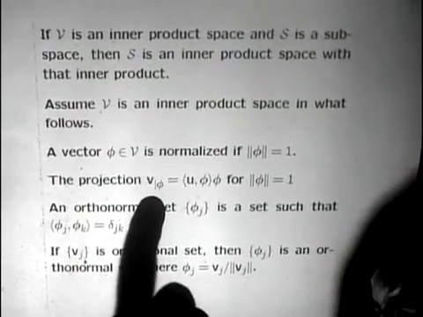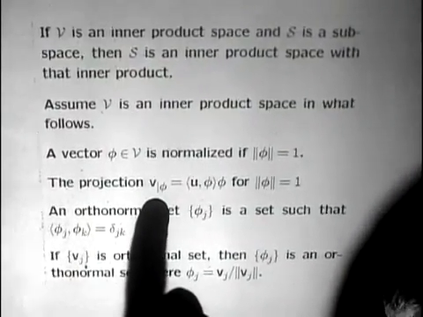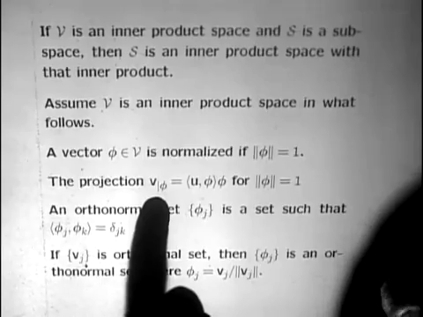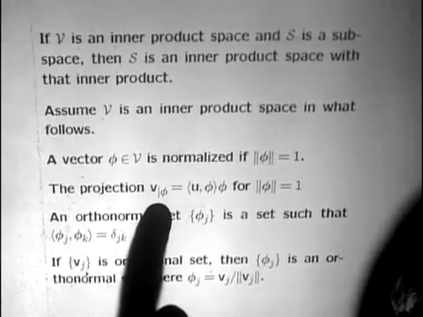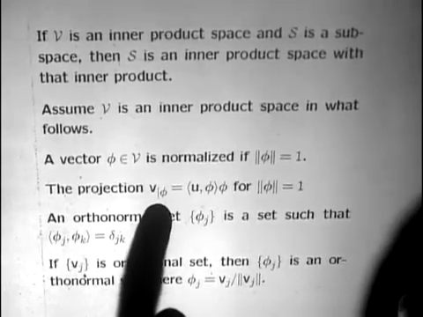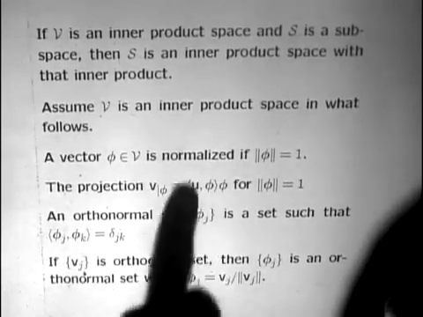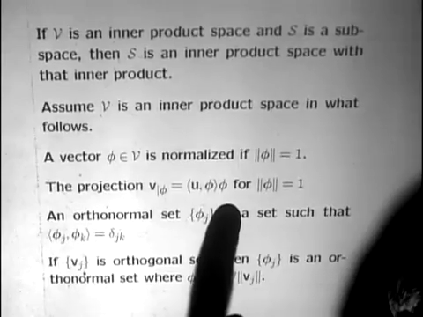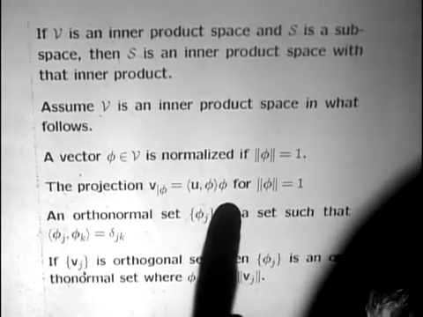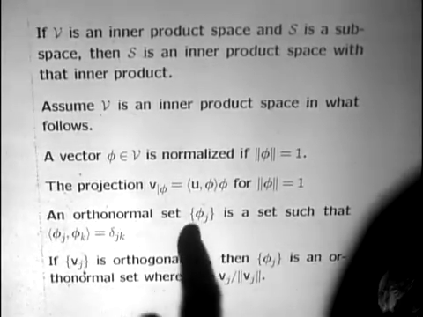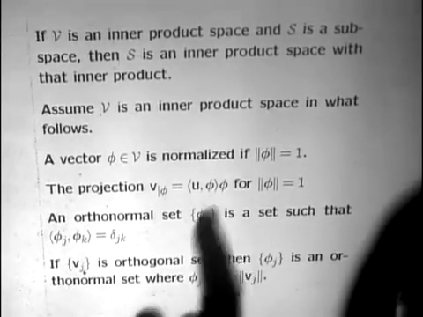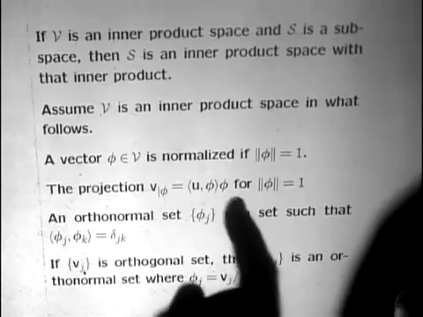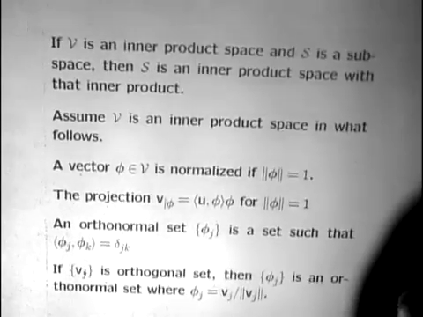Okay? So what the projection theorem says, and all I need here is a one-dimensional projection theorem, is that the projection of u in the direction of this vector phi is equal to the inner product of u with phi times phi. That's what we said. As soon as we normalized these vectors, that ugly denominator disappeared because the norm of phi is equal to 1.